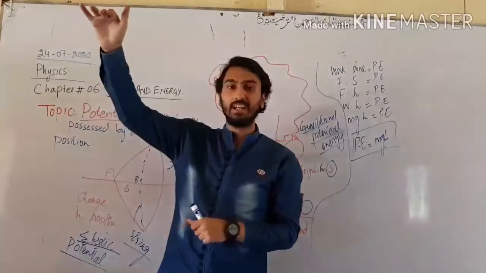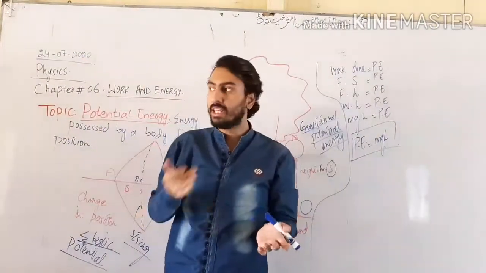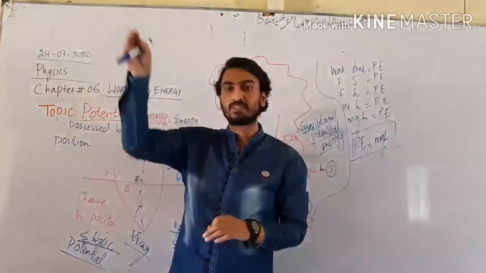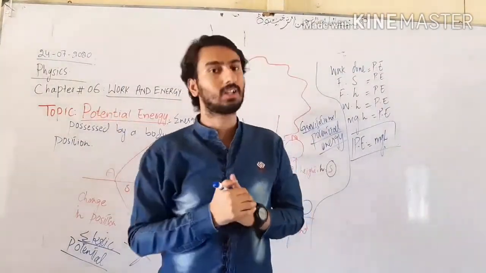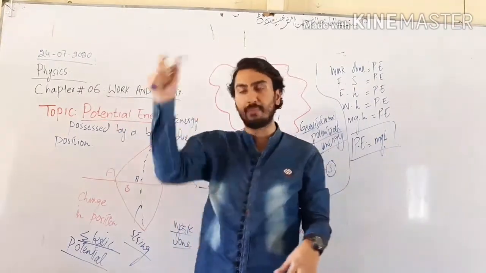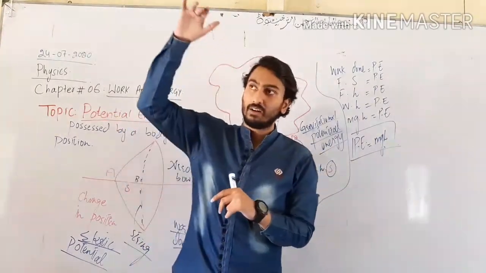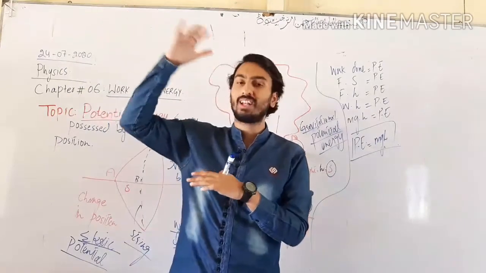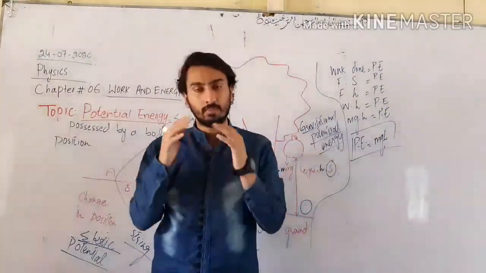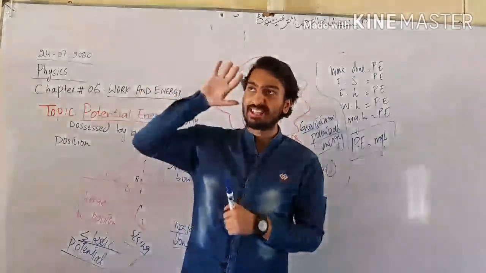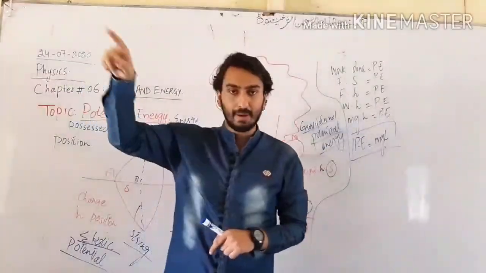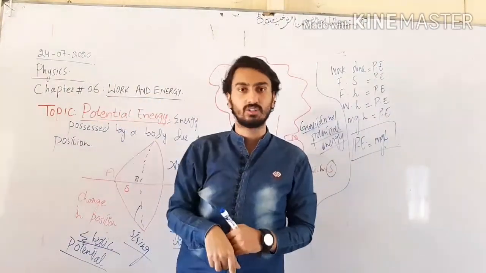From that height, it comes down without any external help. Water comes down by itself. How does the water come down from that water tank into our houses via pipes? Because in the tank water is at some height, so at some height water contains some potential energy. So it has the ability to do work. So from that tank, water comes down via pipes into our houses.